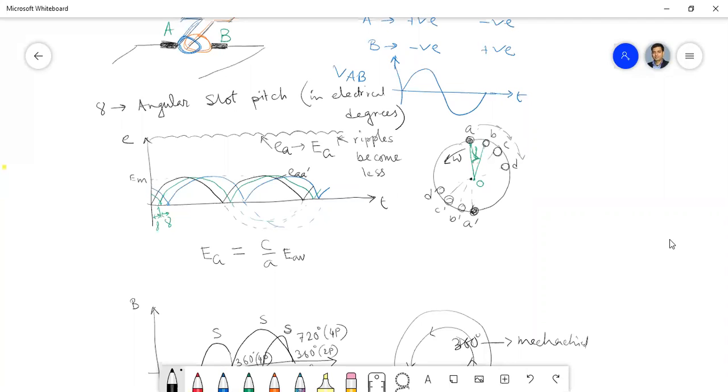Though it is a space angle, as you can measure by the geometry, the A slot and B slot are different in space. But where I am drawing the voltage, it becomes the time angle gamma. Here it is no longer a space angle; it is a time angle because it is measured in time.